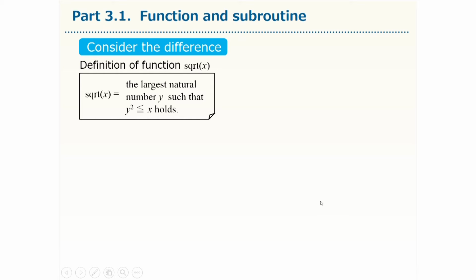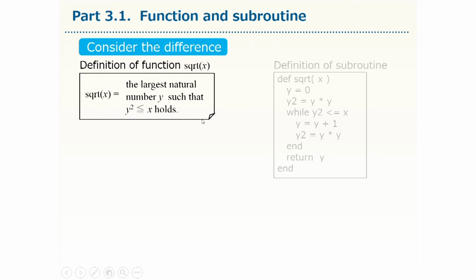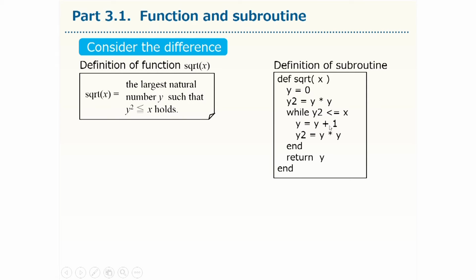Square root of x is a maximum number y such that y squared is no greater than x. On the other hand, this is the definition of the subroutine. I'm leaving out details, but this subroutine basically computes the y mentioned here, the left side definition, for a given x, and it returns the value of y. What's the difference?